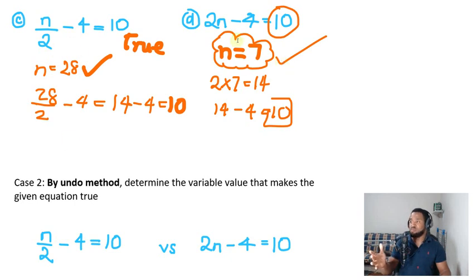We're going to see whether, if we do the undo method here, the answer we get is the same as what we got by inspection, and likely as well with this one right here.